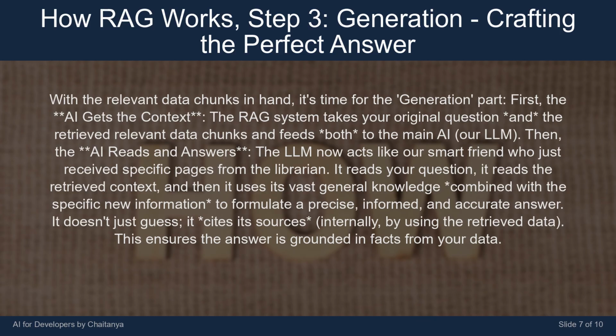It reads your question. It reads the retrieved context. And then it uses its vast general knowledge combined with the specific new information to formulate a precise, informed, and accurate answer. It doesn't just guess. It cites its sources internally by using the retrieved data. This ensures the answer is grounded in facts from your data.